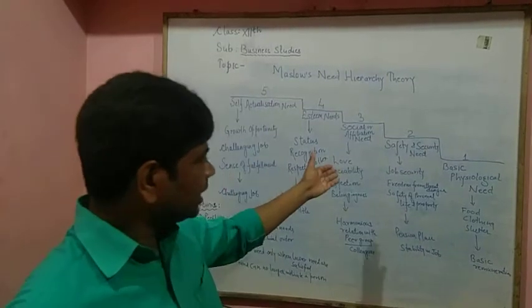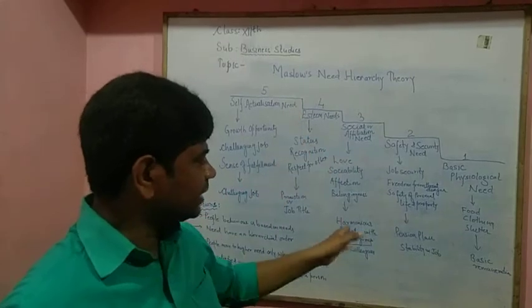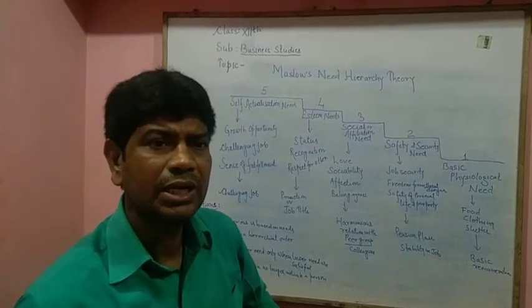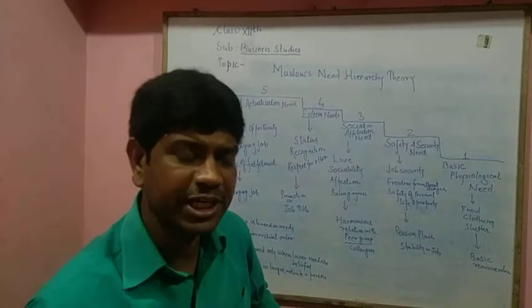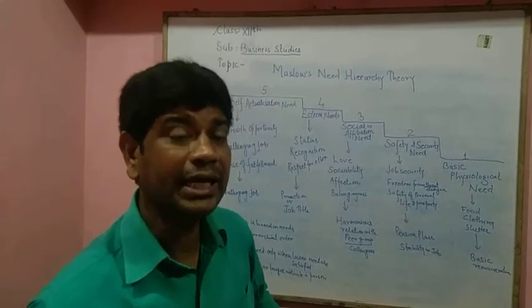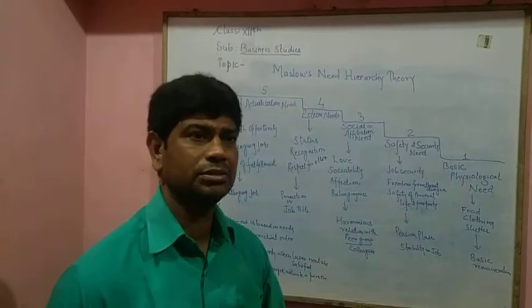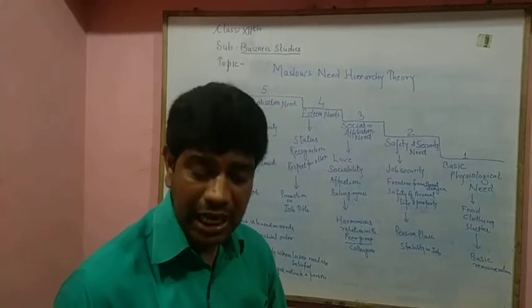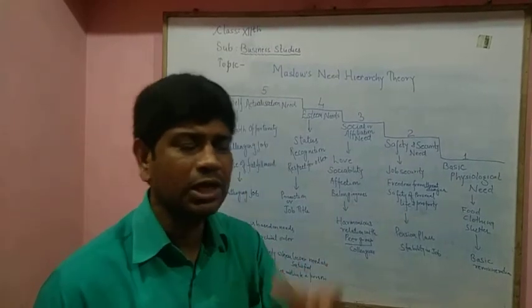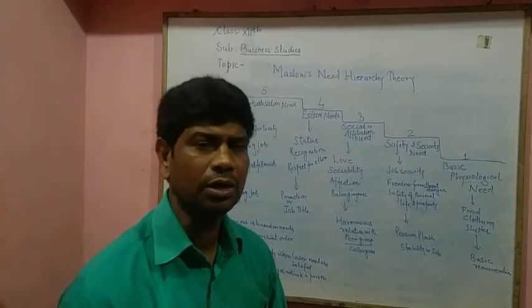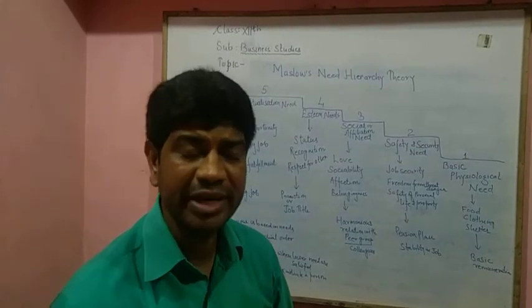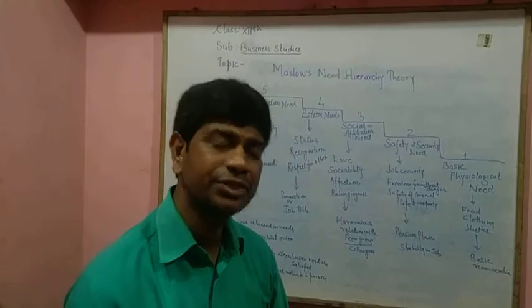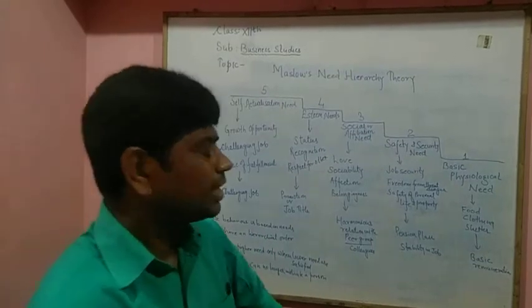So in the case of social and affiliation needs, when people share their affection, they have harmonious relations with each other. And this harmonious relation helps an organization to achieve its goals economically and very efficiently. The next one is esteem need.